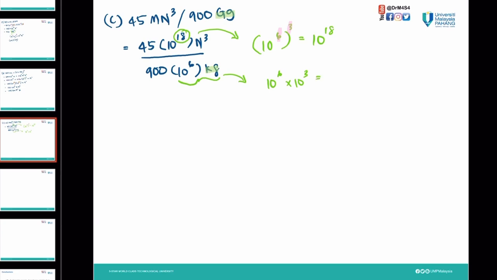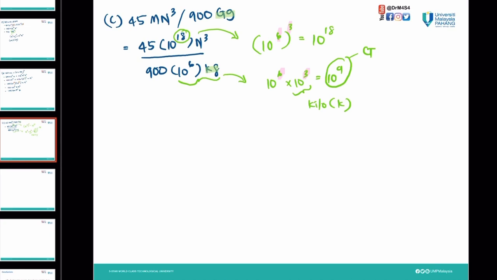So we get back 6 plus 3, we have 10 power of 9, which is this one is giga, and this one is kilo. Okay, it is 10 power of 3.